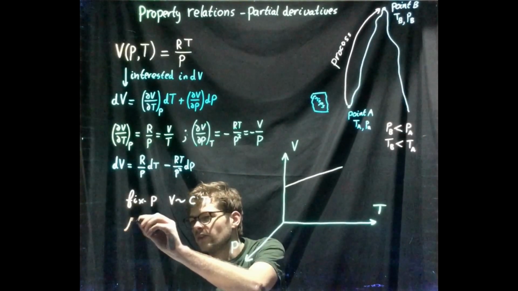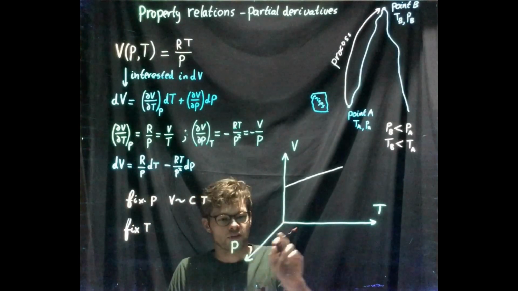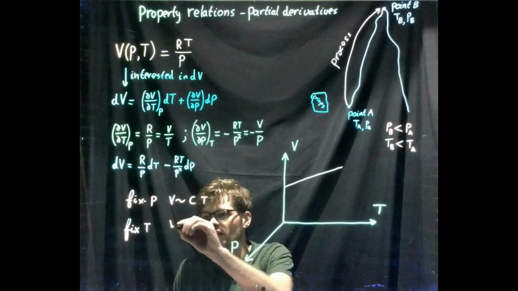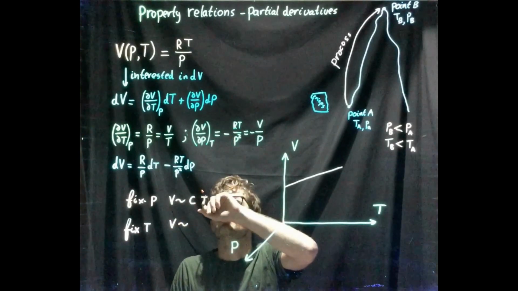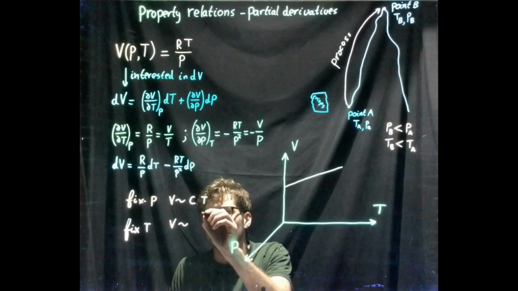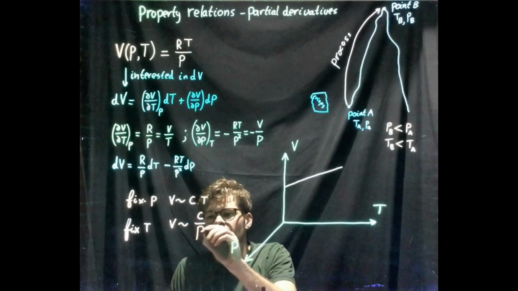So a constant multiplied by the temperature, so a straight line. Now I'm going to fix the temperature. So for a fixed temperature along the pressure line, I'm going to study the volume. That will behave like RT, a constant, over P, thus a constant divided by pressure.